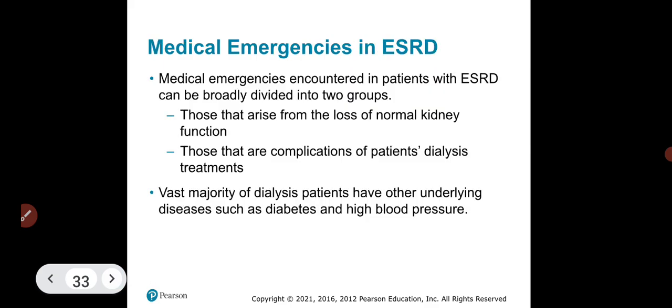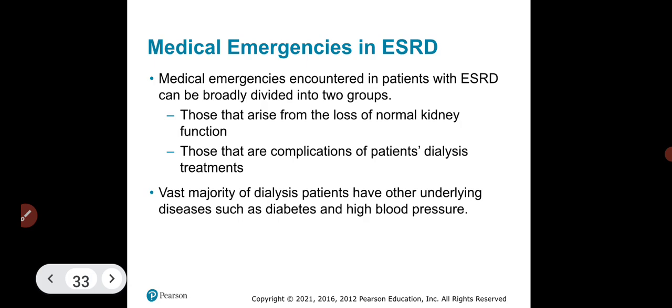No fun. All right, medical emergencies in ESRD. Medical emergencies encountered with patients with ESRD can be broadly divided into two groups: those that arise from loss of normal kidney functions and those that are complications of the patients' dialysis treatment.